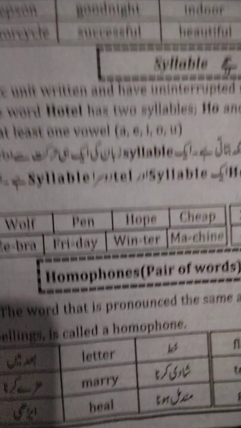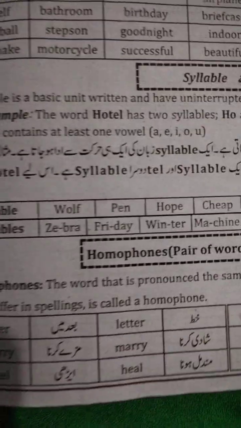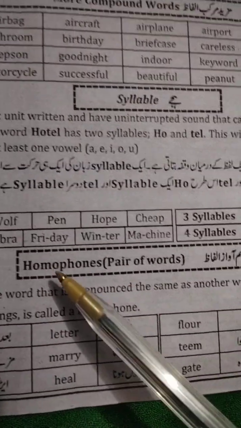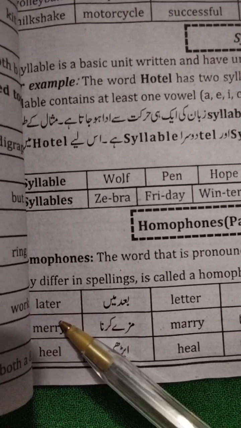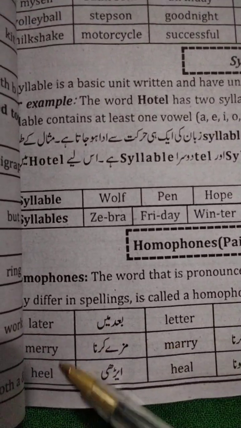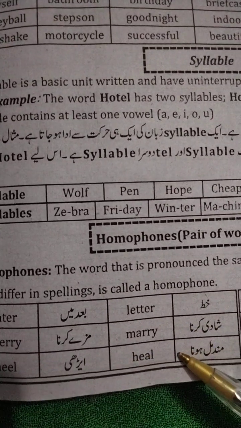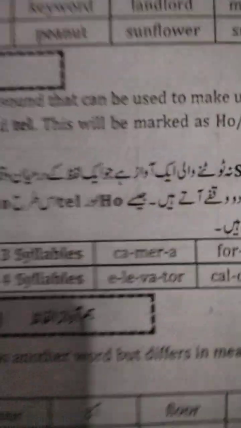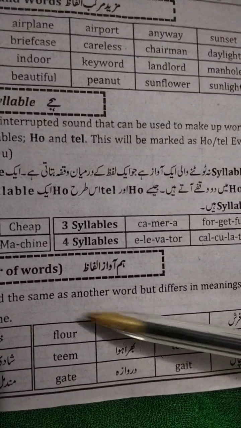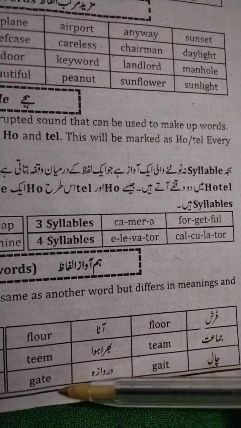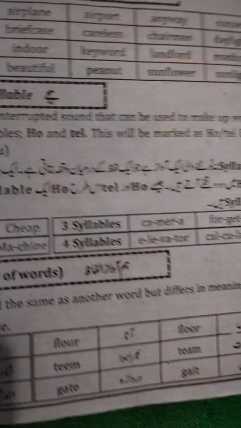Homophones are pairs of words that sound the same. Homophones: letter, letter. Marry, marry. Heel, heel. Floor, floor. Team, team. Gate, gate.